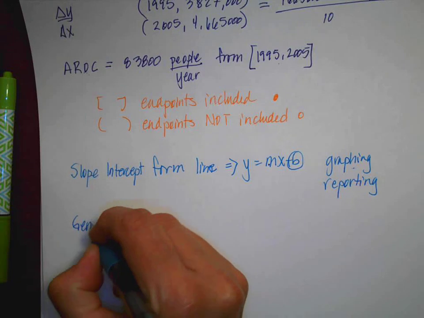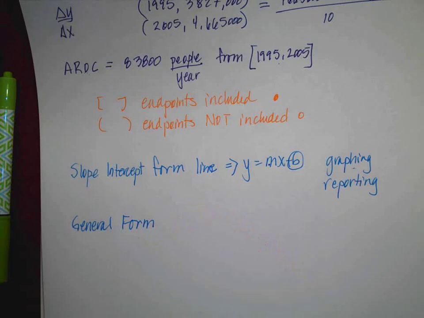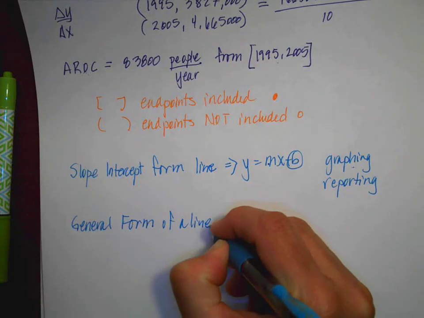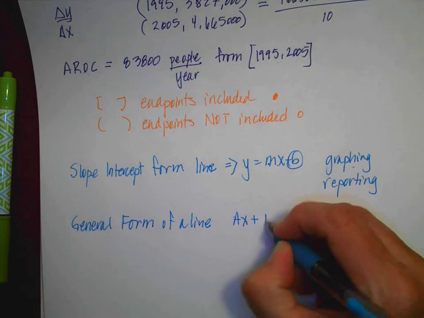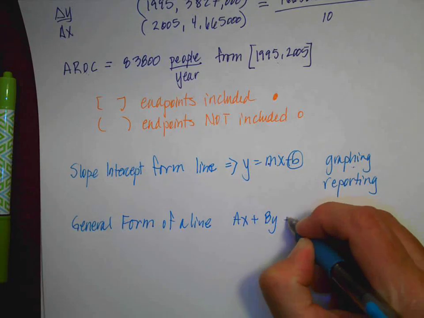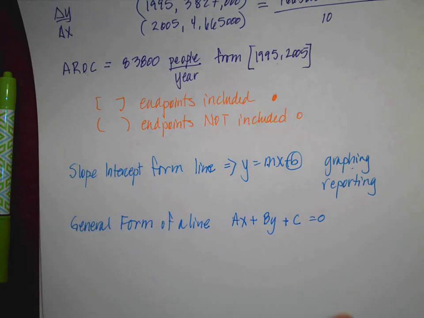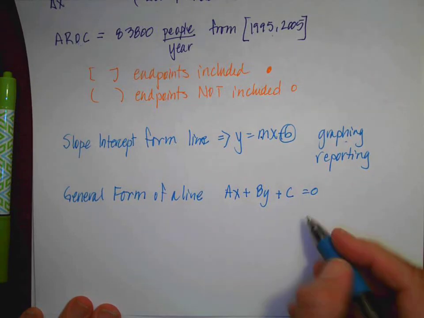The next form of a line is called the general form, and it's a little bit more unusual, and again, you should have seen it. I skipped an example because I just think that I don't need to go back over it, so my numbers are going to be a little bit off. This is the general form of a line. I'm sorry, I look like I'm scribbling today.